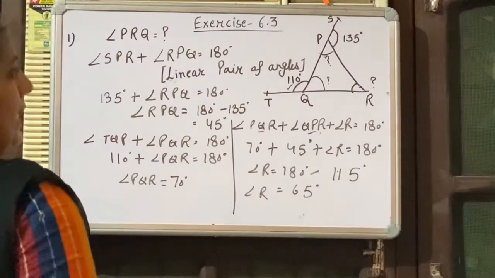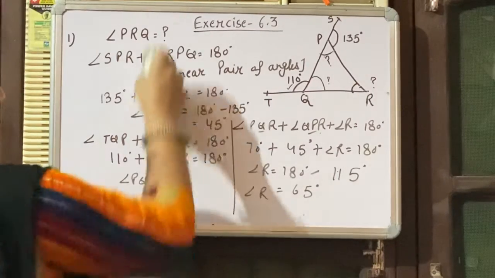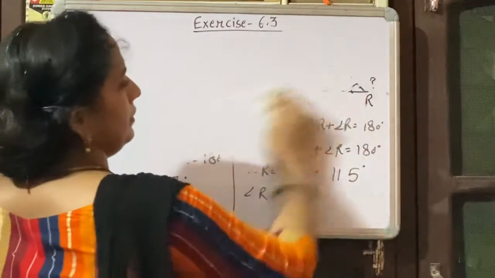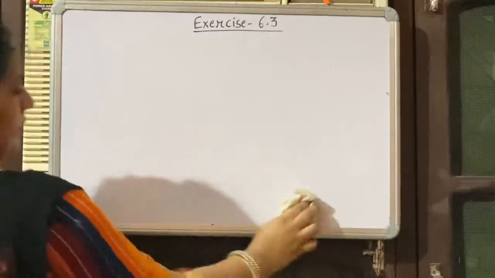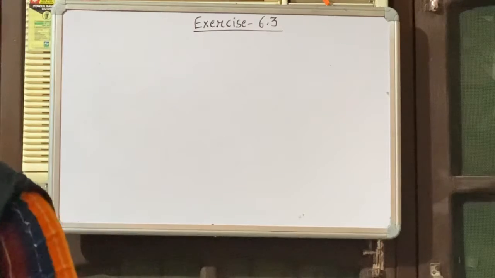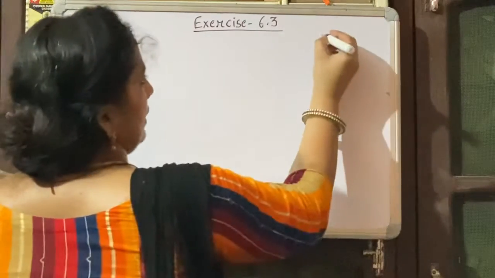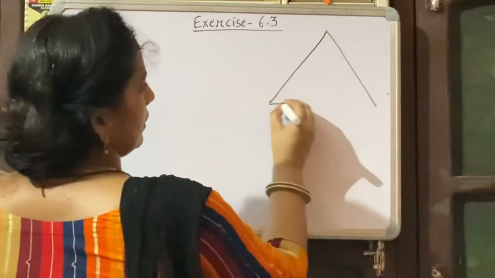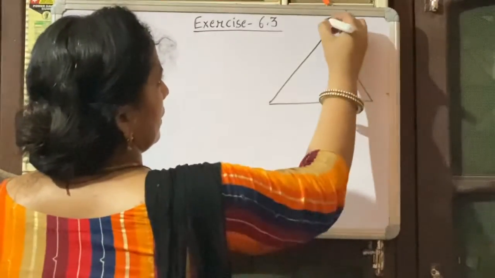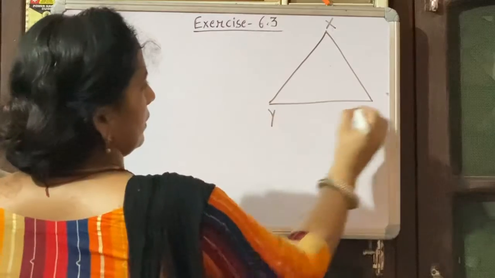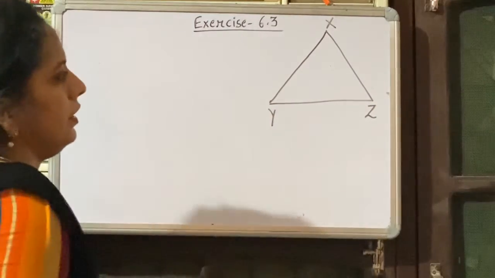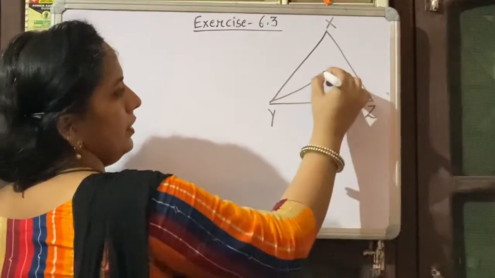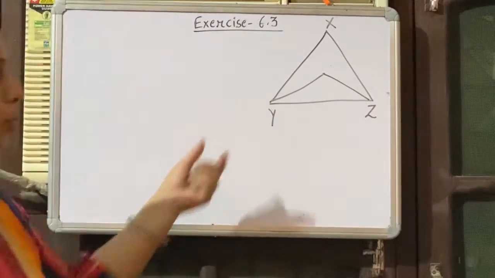Now we will do the next question, question number 2. Again in question number 2, a triangle XYZ is given. Bisectors are given and here a small triangle is also formed.